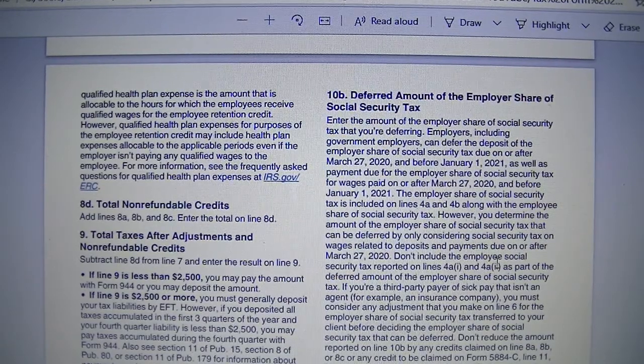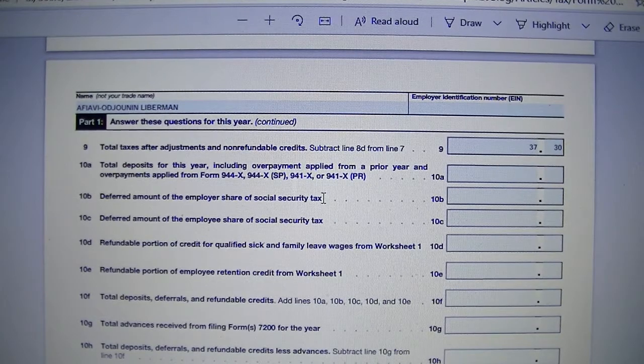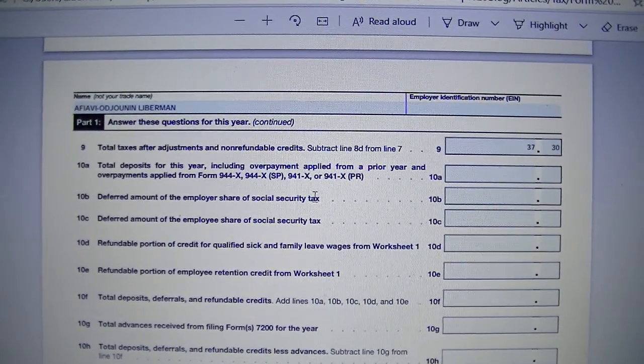Don't include the employee Social Security tax reported on lines 4a(i) and 4a(ii) as part of the deferred amount of the employer's share of Social Security tax. So if we go back to the form, line 10B is for the employer's share of the Social Security tax that you don't want to pay right away, that you want to defer.